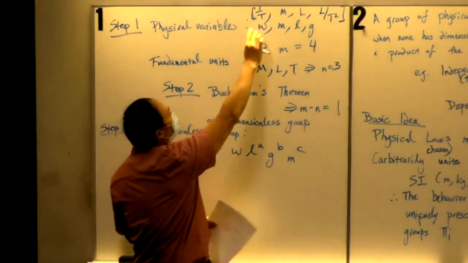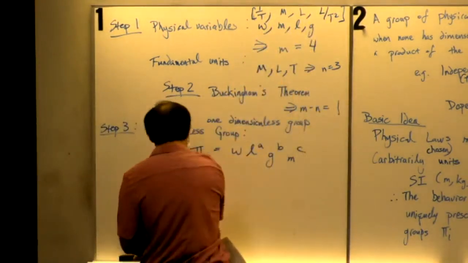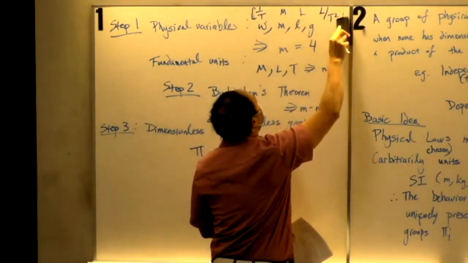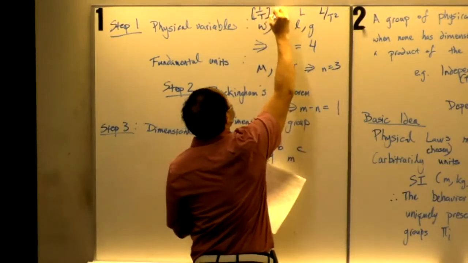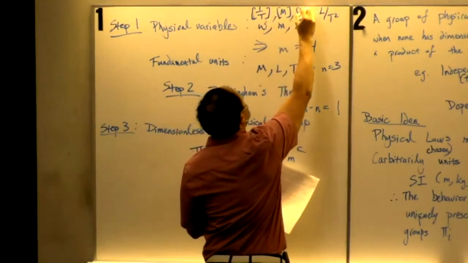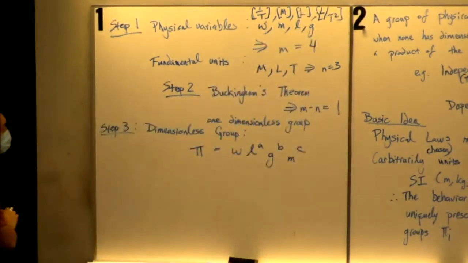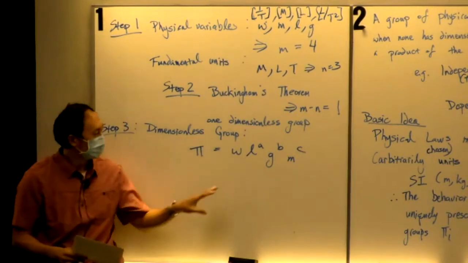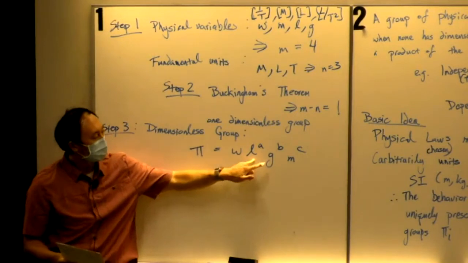So up above, I've already written the units of each of these things. I put in this bracket symbol. I'll make it even a little cleaner. Those are the units of each of those variables. And the next step is solving for A, B, and C. It no longer matters what the names of these funny things were.